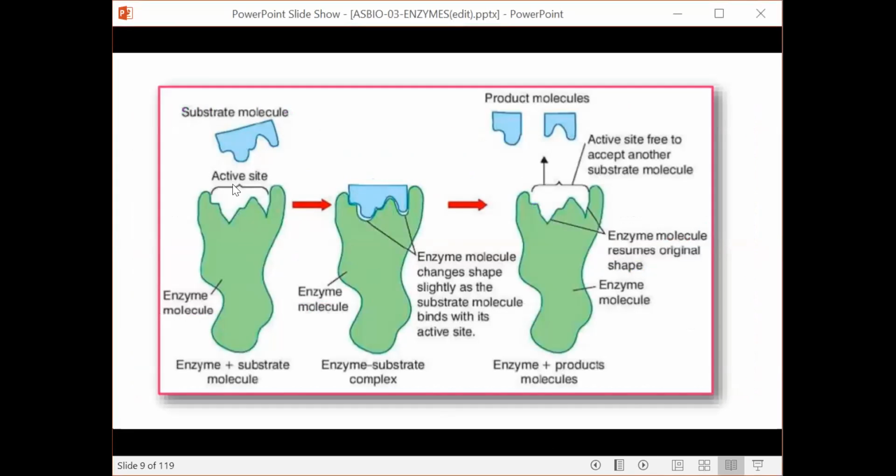Over here, the substrate binds to the active site. The active site has a conical structure with a pointy apex, but the substrate does not have that pointy part, nor on the other end. So when the substrate is attached to it, the enzyme residues, the amino acid parts, reshuffle or readjust to accommodate that part of the substrate.